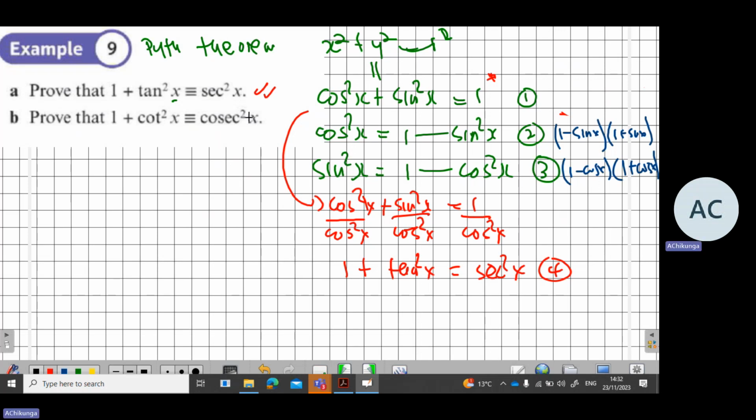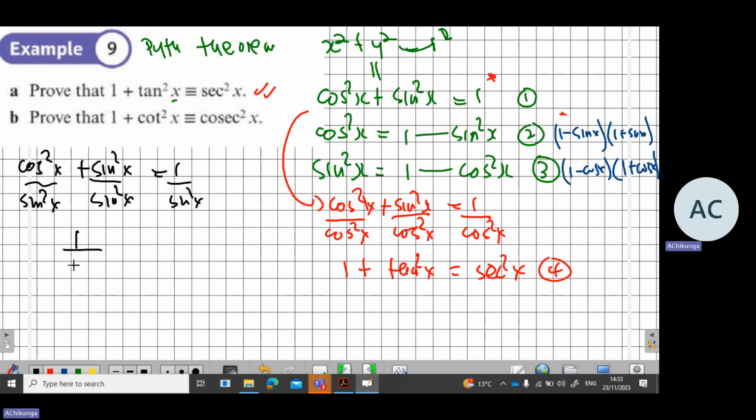Okay? How do I get cosec? I would have said 1 over sine. So again, pulling up this identity, I want 1 over sine, so I have to divide everything by sine squared. Cos over sine is cot, because 1 over tan is cot.